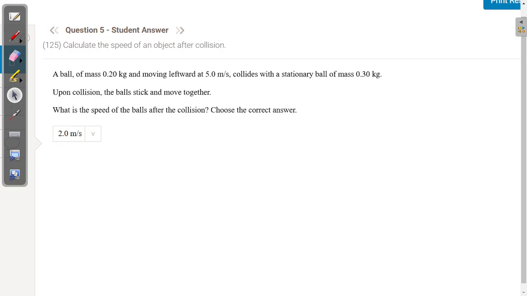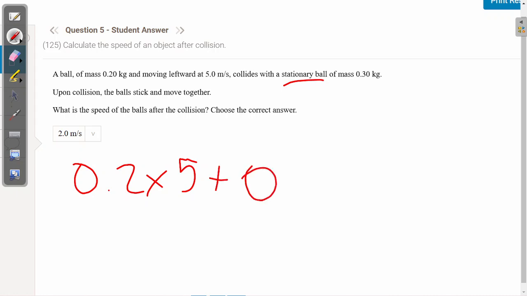Okay, for this use the same rule. A ball of mass 0.2, so 0.2 times 5, the initial velocity, collides with a stationary ball. Stationary means the velocity is 0, so this whole thing is 0, equals to the new, okay, so 0.2 again.